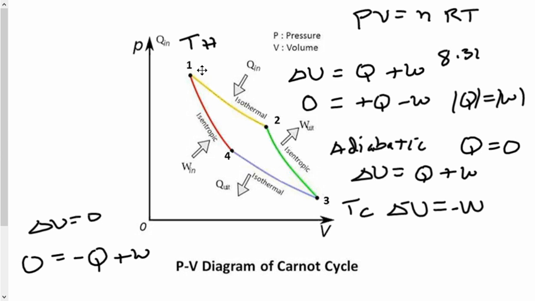In the first half of the cycle, work is going out of the gas. It's expanding against an external pressure, so therefore work is negative. And again, in order to allow delta U to be equal to 0, the absolute value of Q has to equal the absolute value of W.